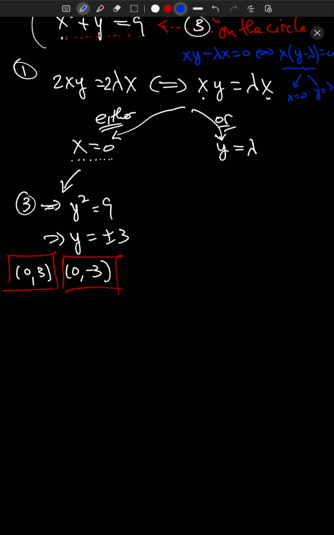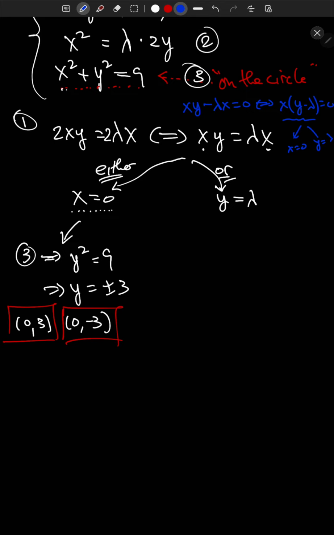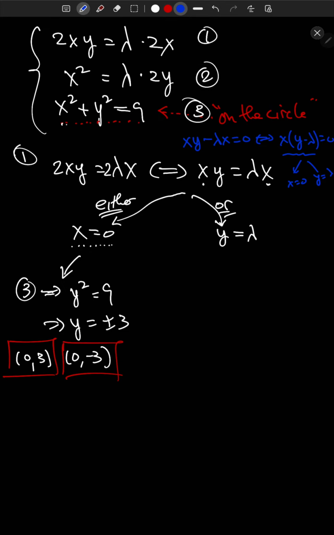All right, in any case, now we got to go back to y equals lambda. Okay? So you got to cover all the cases. So if y is equal to lambda, then let's look at equation 2. Equation 2 tells me x squared is equal to 2y squared. Okay.